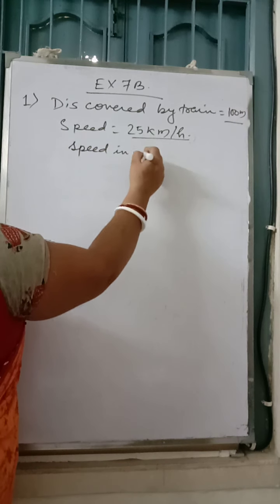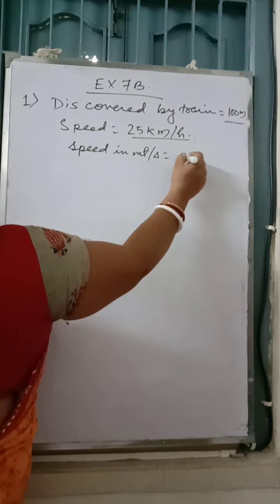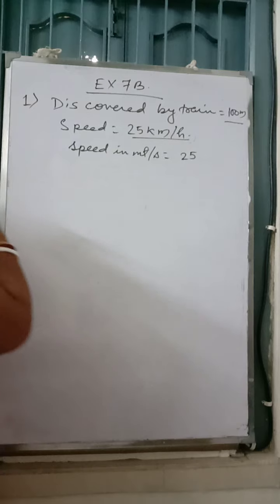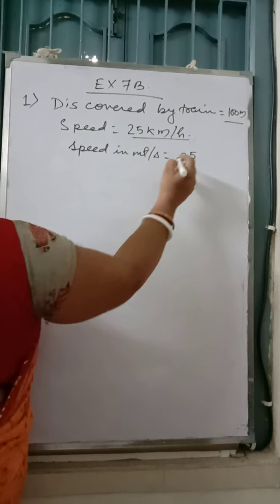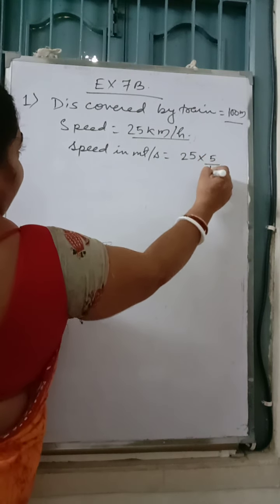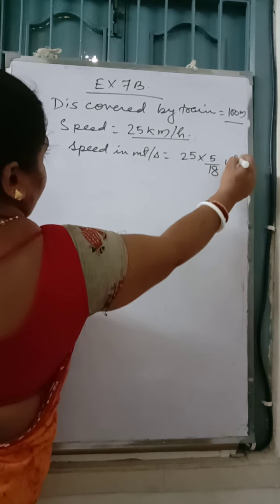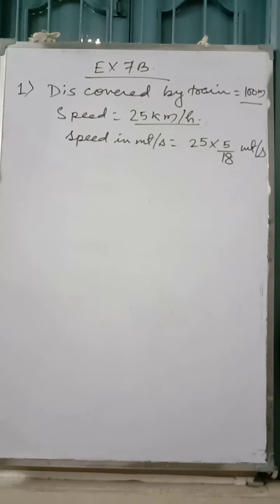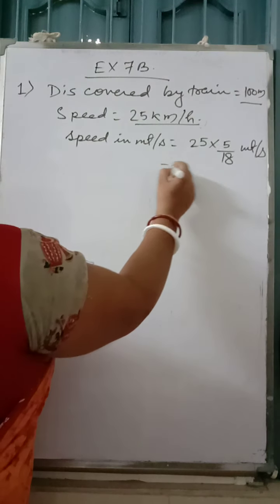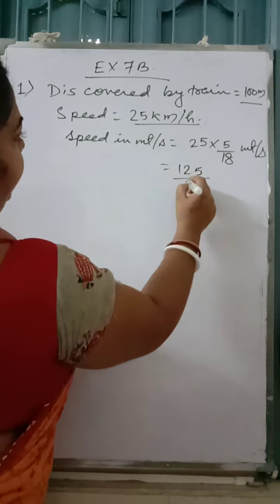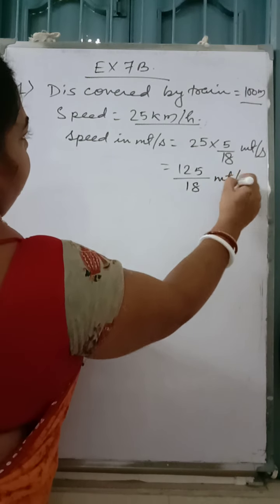Speed in meter per second is equal to 25 multiplied by 5 by 18 meter per second. So speed in meter per second we have to convert, so I have multiplied with 5 by 18. That gets you 125 by 18 meter per second.